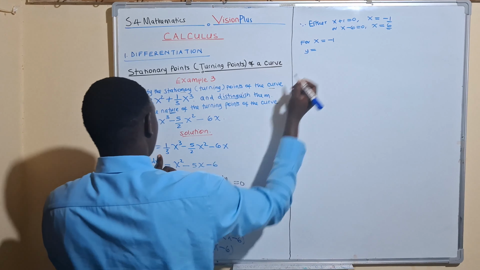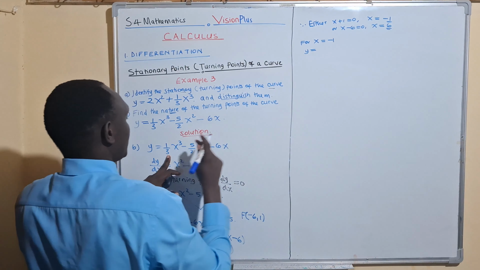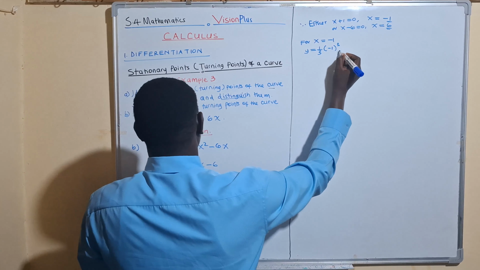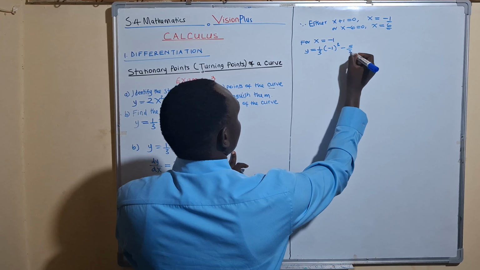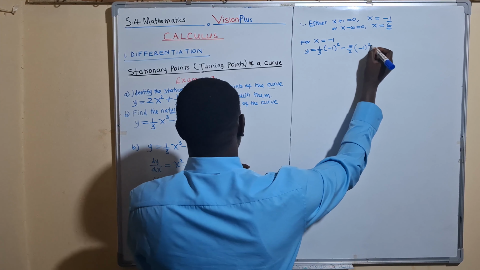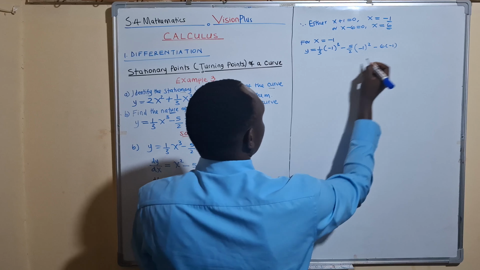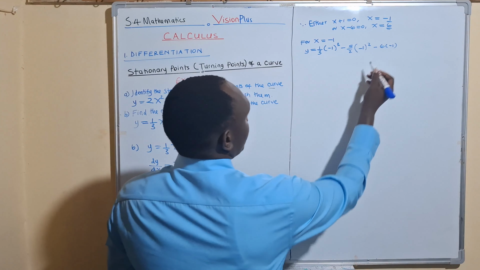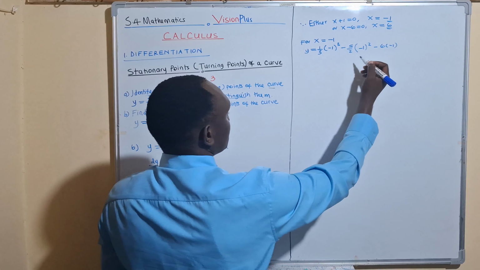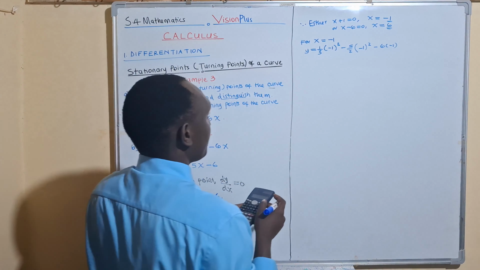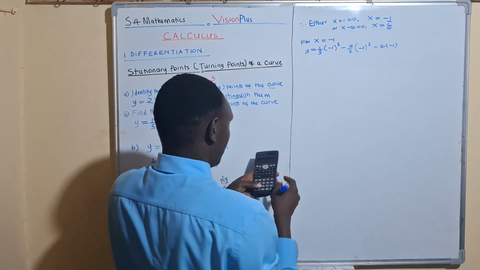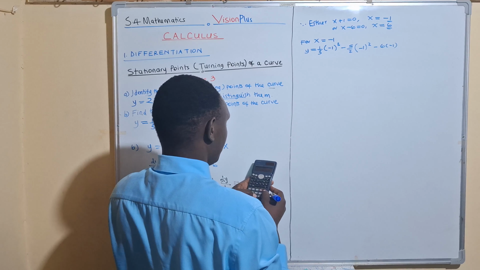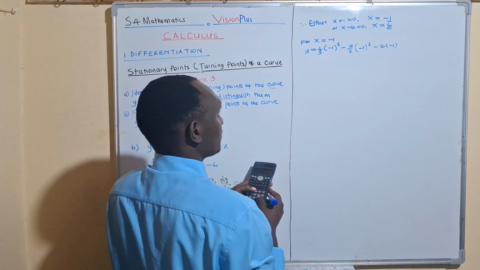Our y becomes equal to 1/3 times negative 1 cubed, minus 5/2 times negative 1 squared, minus 6 times negative 1, which now becomes positive 6. I will have negative 1/3 minus 5 divided by 2 plus 6.